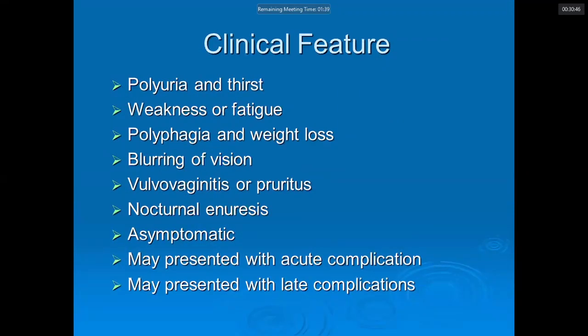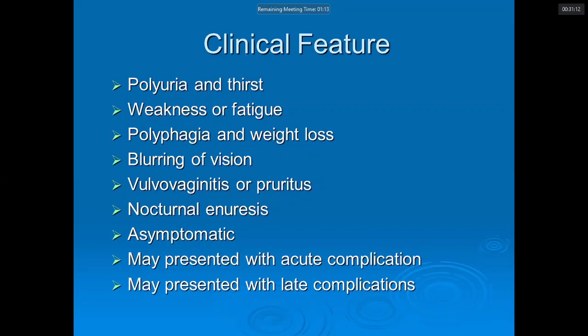What's the clinical feature of patient with diabetes? How patient present to us? We have 4 presentation. First one, which is a classical presentation, everyone in the street knows what's the manifestation of diabetes. Which is drinking a lot of water, excessive urination, and going to the bathroom at night. So polyuria and thirst, okay?